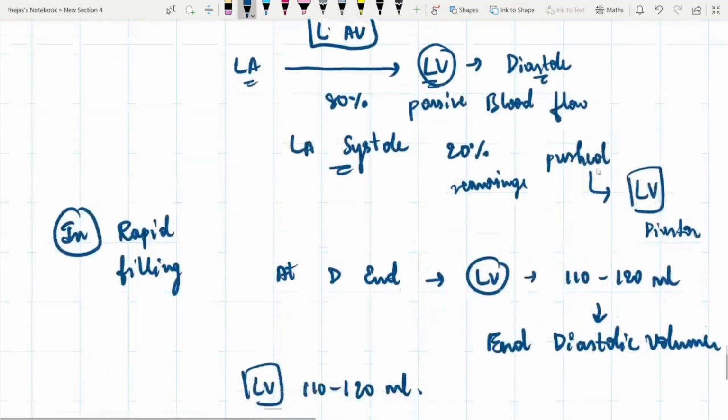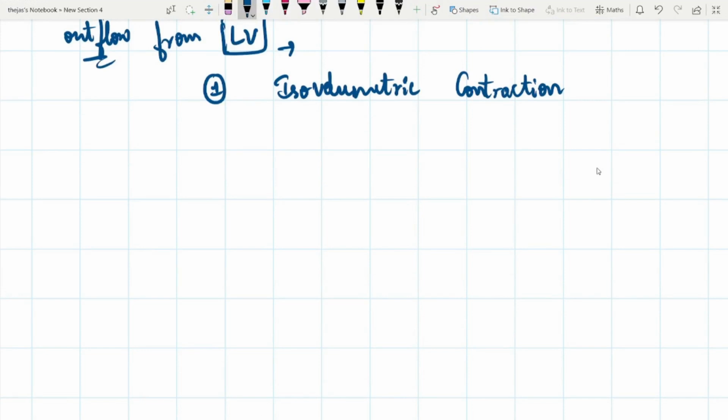So what happens? See, at the end of diastole, this left atrium, left ventricle, this AV valve is closed. So what happens? There is no opening of semilunar valves, that is opening to aorta. There is no opening, right? It is still closed, the semilunar valve of aorta.